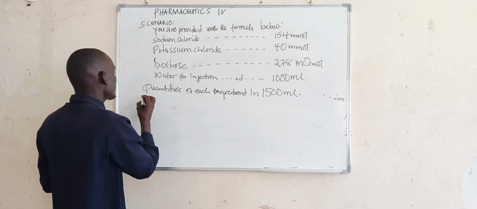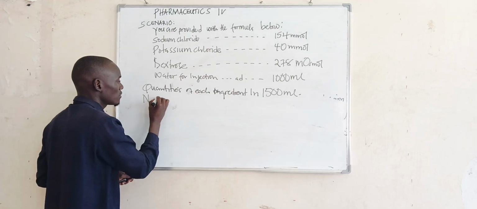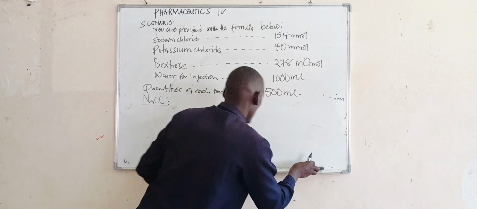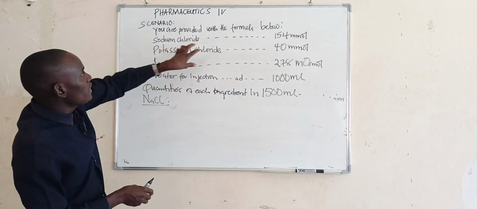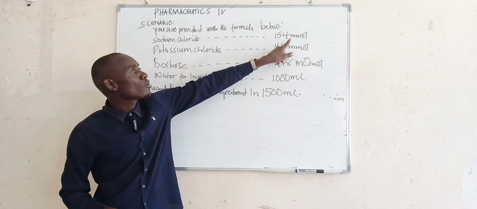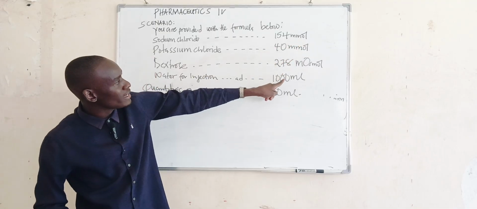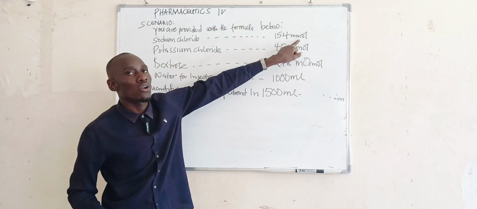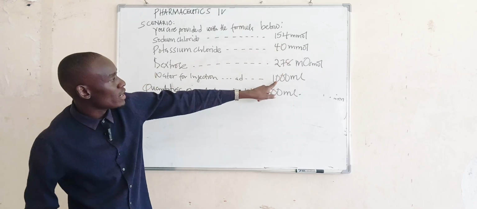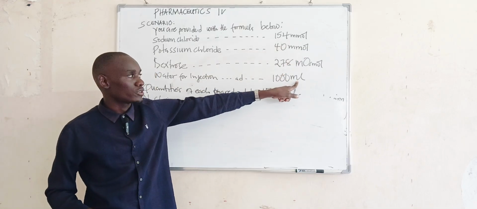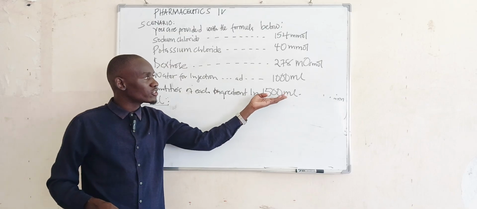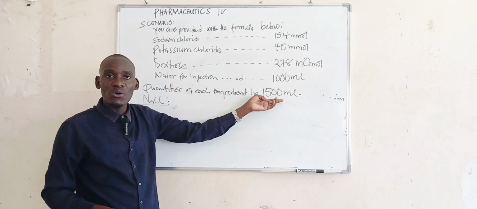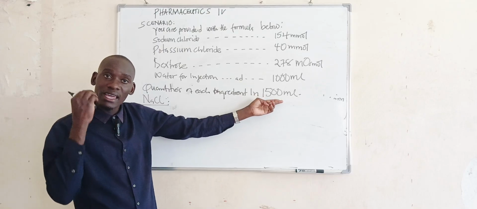And we shall begin with sodium chloride. So here, they have told us that 154 millimoles are in 1,000 mils of the preparation. So we need first to obtain how many millimoles are in 1,500 mils of the required volume.